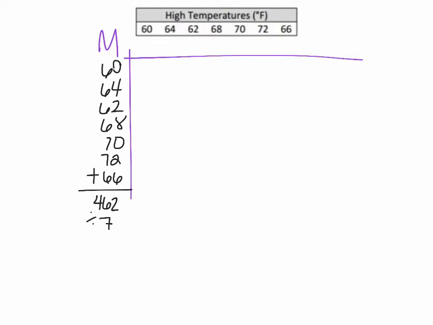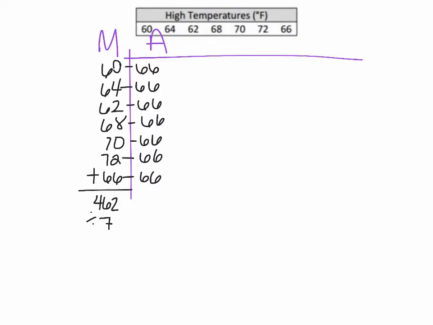Okay, so what I have to do now for my absolute column is subtract each one of those numbers by the mean of the data set, which was 66. So I'm going to subtract 66 from each individual number. Remember, I like to go in and write all of this first, but you can answer it as you go.